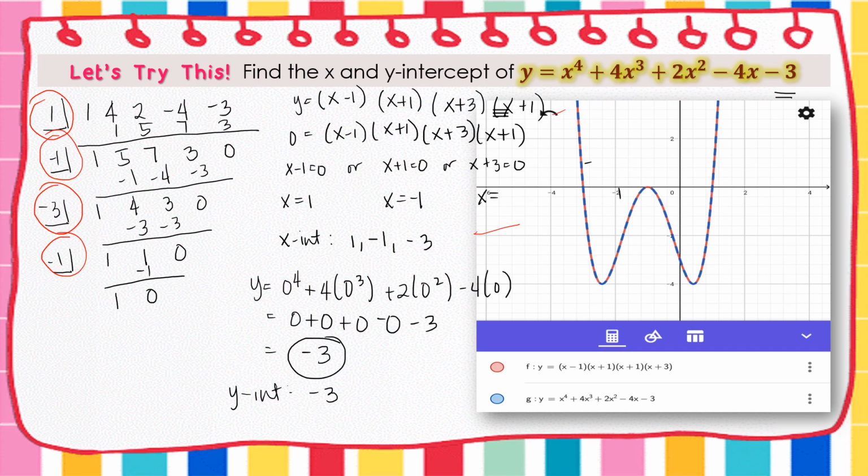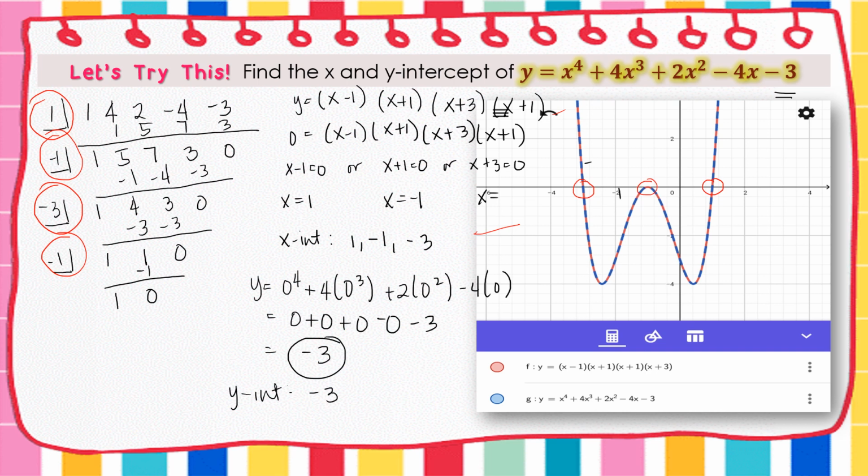Kung mapapansin niyo, di ba, sabi ko kanina sa ating definition, ang x-intercept ay ito yung mga point kung saan dadaan or mag-i-intersect sa x-axis yung ating graph. Note that ang ating mga x-intercept ay 1. So, sa x-axis, nasan ba si 1? Ito yun. Nasaan ba si negative 3? Ayan, si negative 3. At nasaan ba si negative 1? Yan. So, yun yung sinasabi ng second definition.